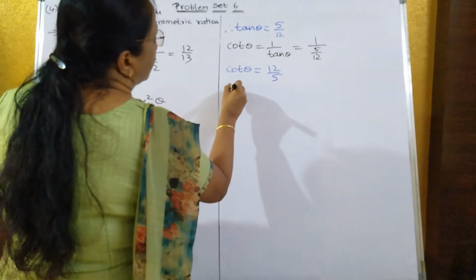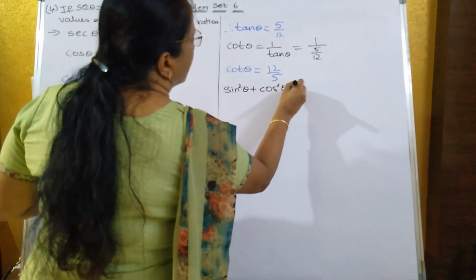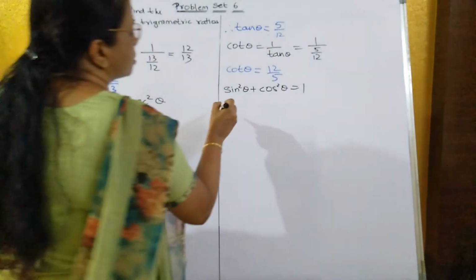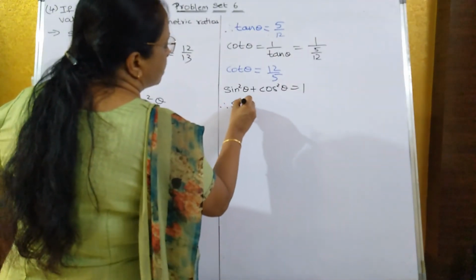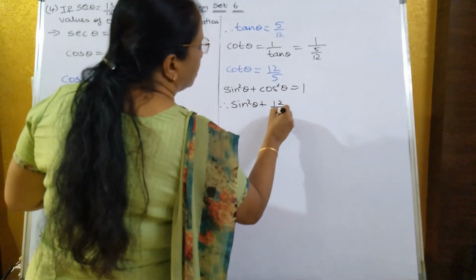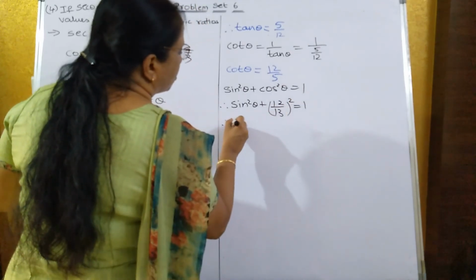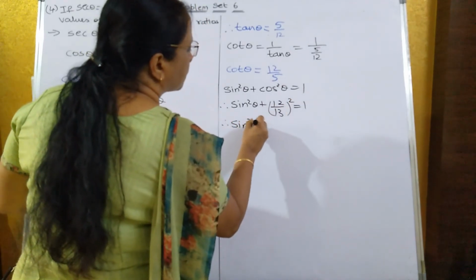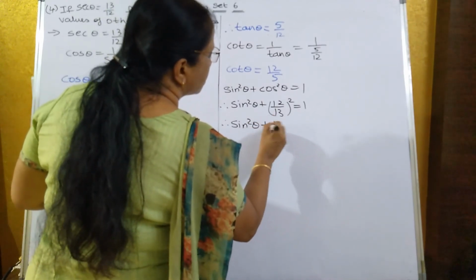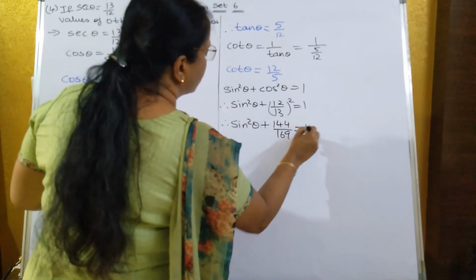Now we have to find out sin theta. So sin square theta plus cos square theta is equal to 1. We had got cos theta is equal to 12 upon 13, so substitute that value. So sin square theta plus 12 upon 13 the whole square is equal to 1. Therefore sin square theta plus 144 upon 169 is equal to 1.